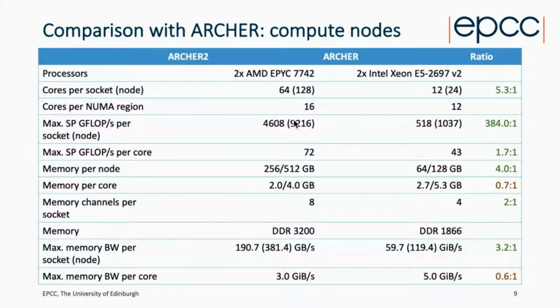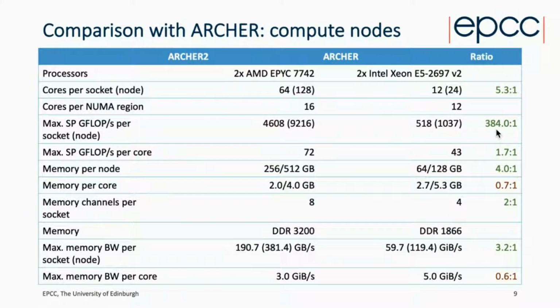They're more complicated architecturally. What this actually means is the floating point performance of a compute node on ARCHER2 is almost 400 times more than on Archer. So there's a huge increase in the per node compute power, and that's significant because the smallest amount of resource you can request on ARCHER2, in the same way as Archer, is a single node.